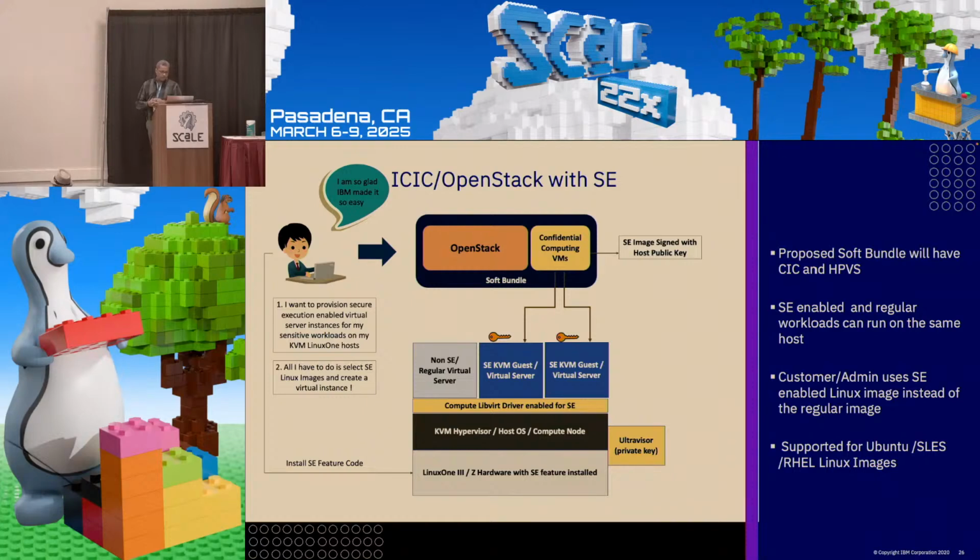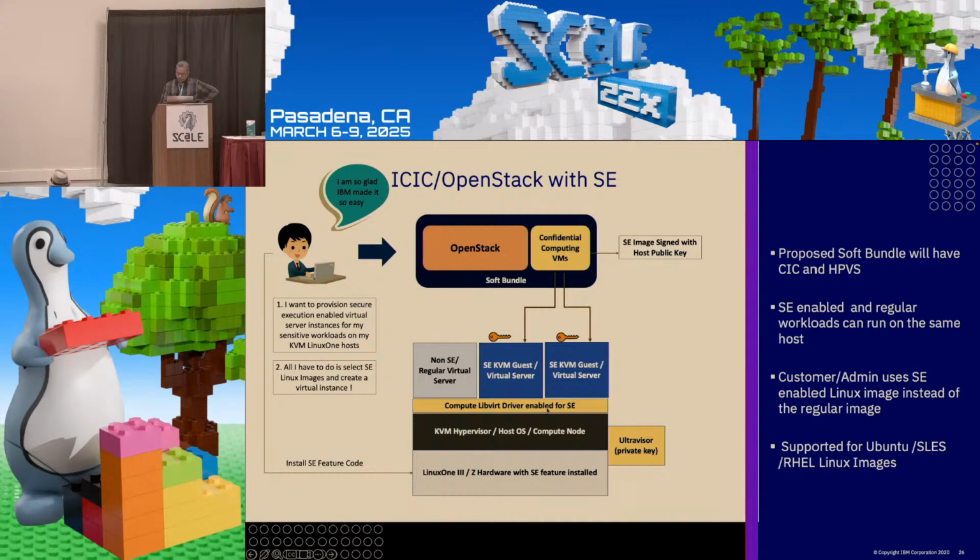There is a software bundle called HPVS, HyperProtect Virtual Services, which gets deployed on an image or an LPAR. This is the hardware layer, where we can have the feature code of the firmware that can be used to create specific LPARs or hypervisors or hosts.